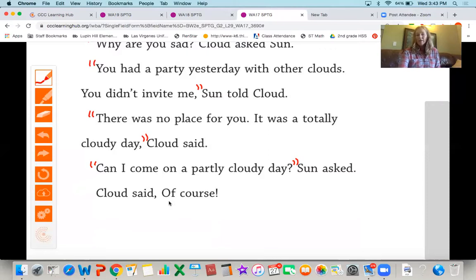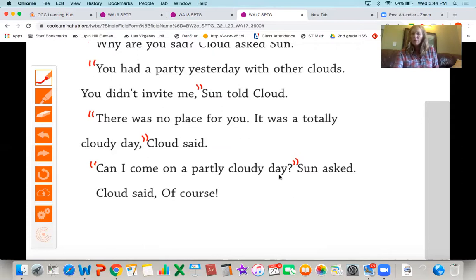Then look at this. Cloud said, "Of course!" So this is different, right? We're used to seeing who said it at the end, after it's been said. But the author can put who's saying it before what's being said, like this.